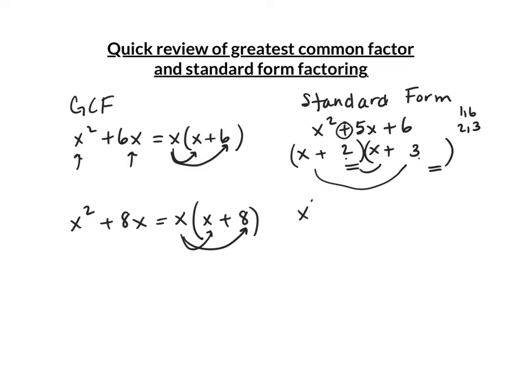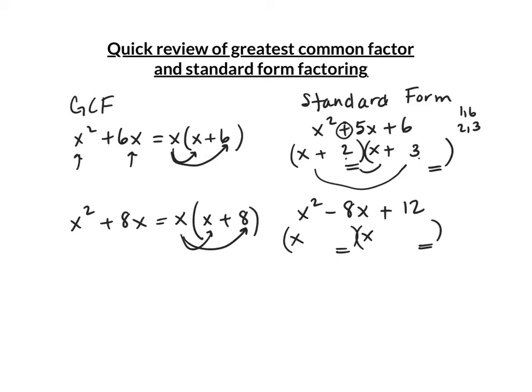One more, let's change the signs. X squared minus 8x minus 12. Actually, let's do plus 12. So in this case, I know that x times x makes x squared. I know that this number times this number makes positive 12.